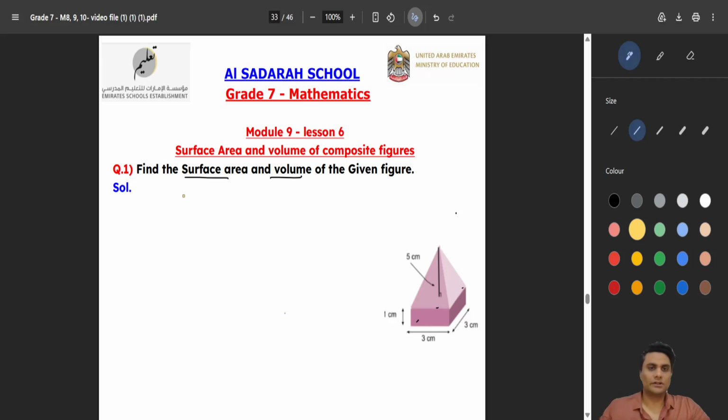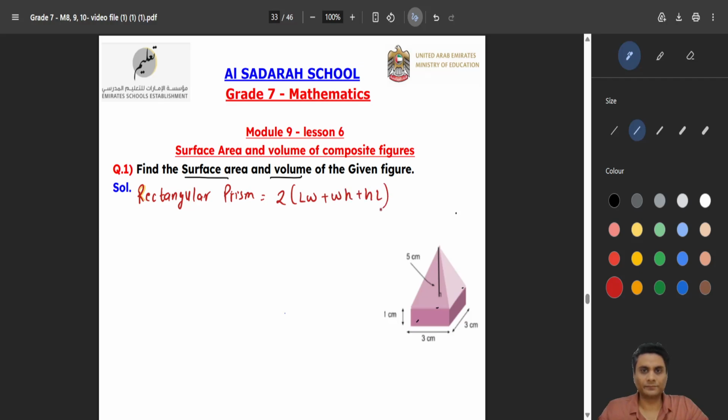First we will take the rectangular prism, okay? Rectangular prism. You know the formula is 2 times length times width plus width times height plus height times length.